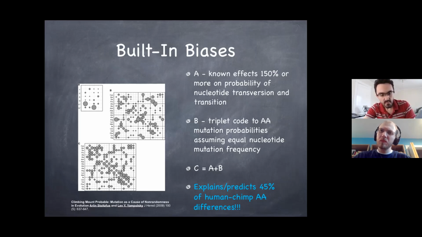Furthermore, there are areas of the genome called CpG sites, long stretches of C's and G's, cytosine and guanine. They have an effect, called the CpG effect.